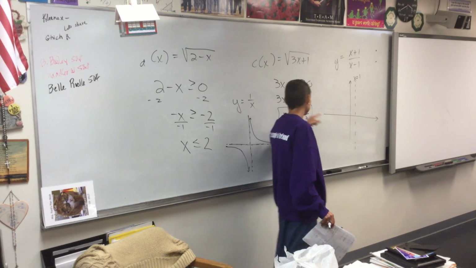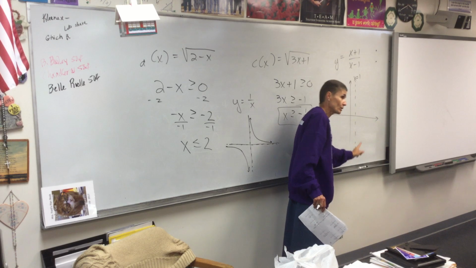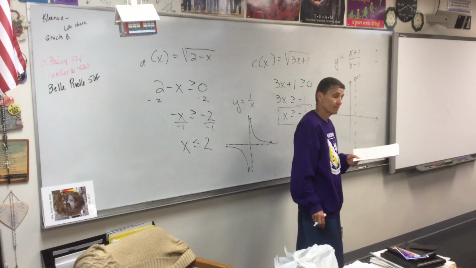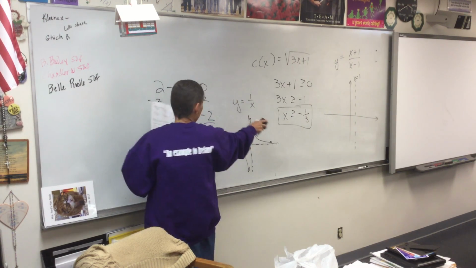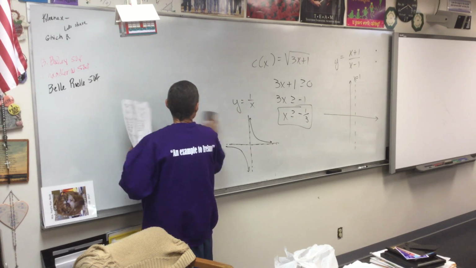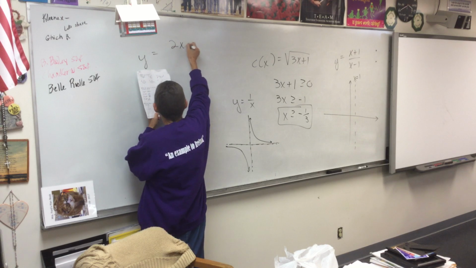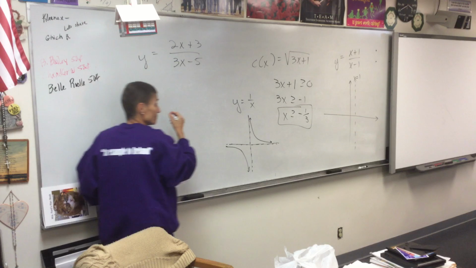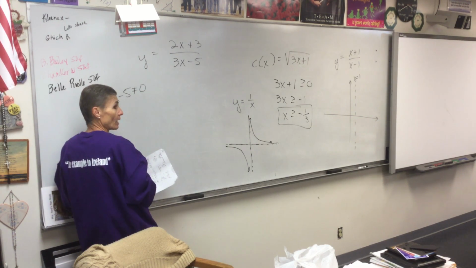So we're really doing the same thing we've been doing, we're just graphing the vertical asymptote. So tell me about B. Where do you think the vertical asymptote, and that's all you have to do, is draw the vertical asymptote. Where do you think it is in B? It is at 5/3. Very good. Because 3x minus 5 can't be 0, right?